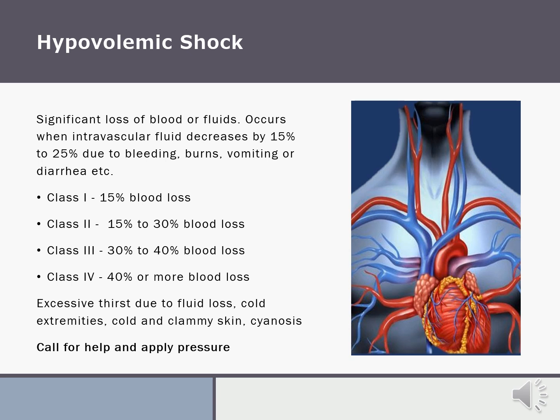There are 4 different classes of hypovolemic shock based on the percentage of blood lost or fluid lost. Patients may experience excessive thirst due to the fluid loss, and they may have cold extremities, cold and clammy skin, and cyanosis, which is when the fingernails and the lips start to turn blue.